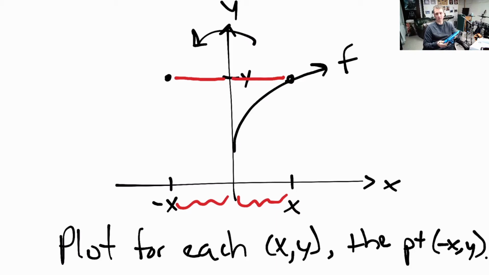So don't change the y coordinate, just change the x coordinate. That's how you can reflect graphs across the y-axis and across the x-axis. So here we go. This one would look a little bit like this. If I just replaced every x with a negative x, it would look exactly like that.